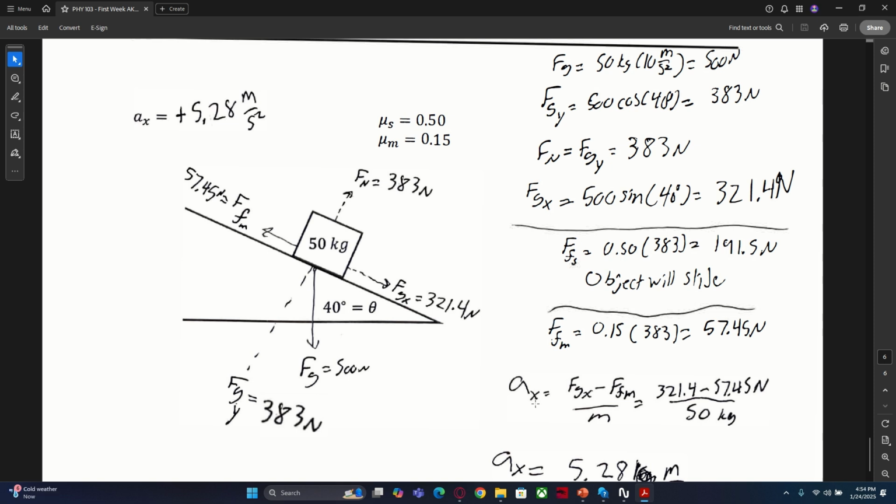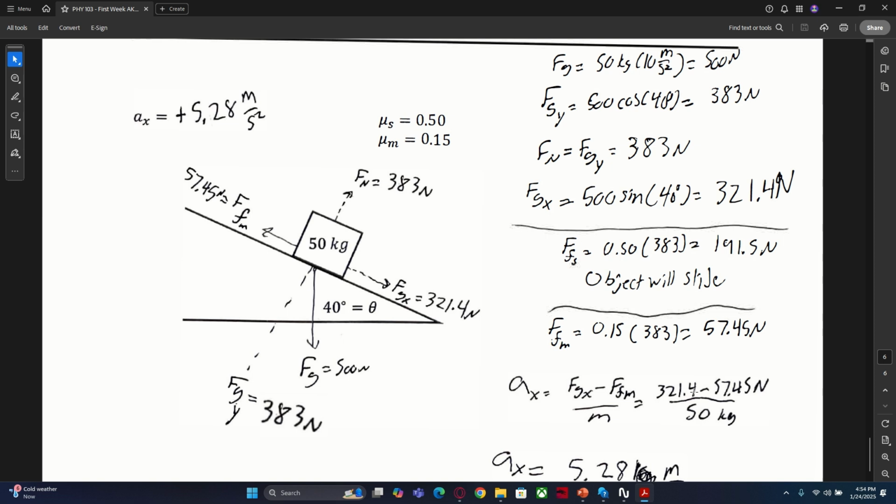acceleration in the x direction being the net force divided by the mass, the net force in the x direction, we're going to assume any force that pulls down the slope is positive, so we have gx, and then any force pulling up the slope would be negative, so minus force of friction in motion, FFM.